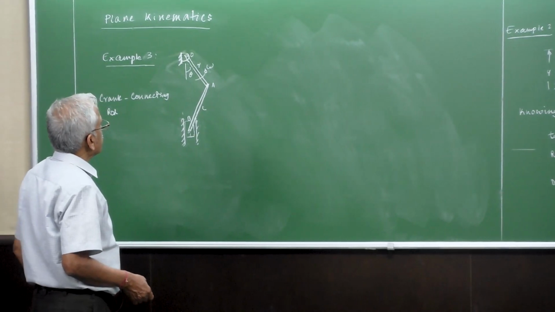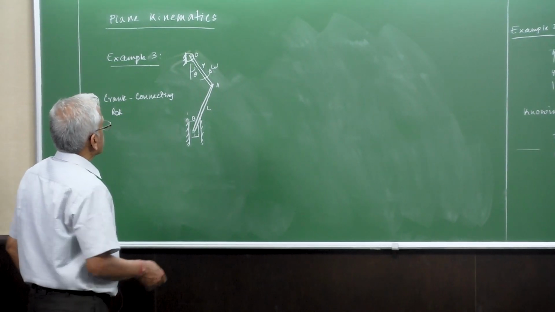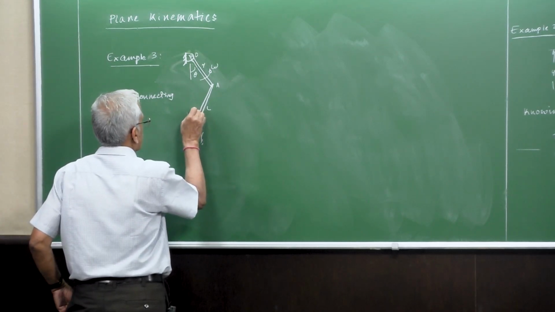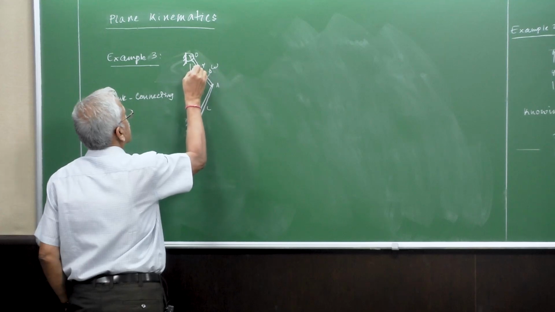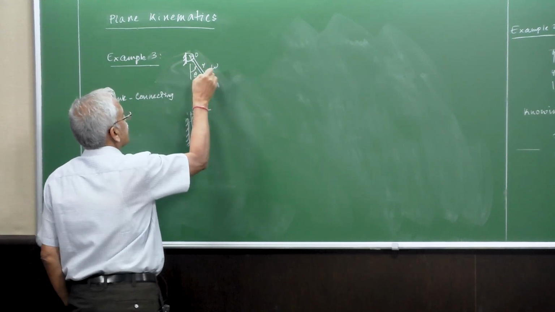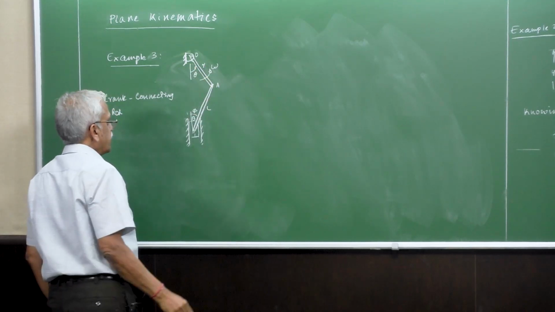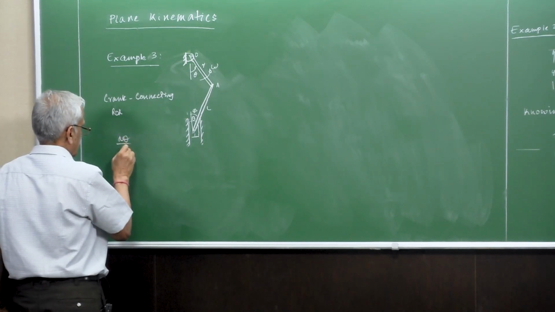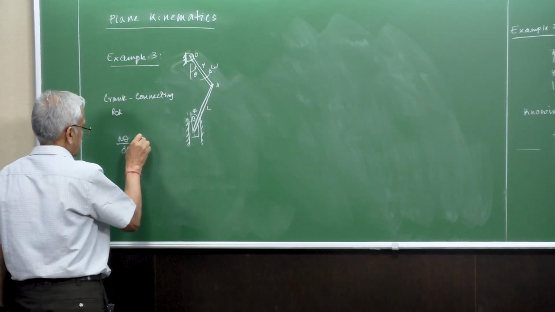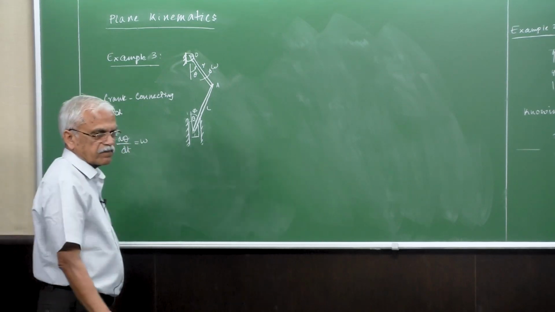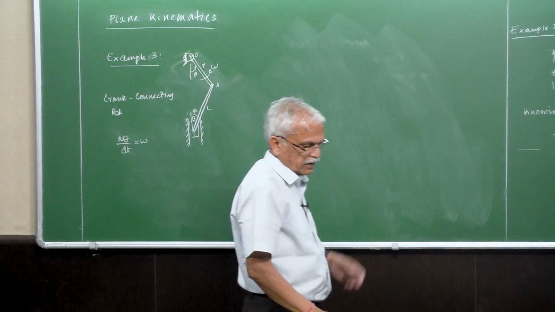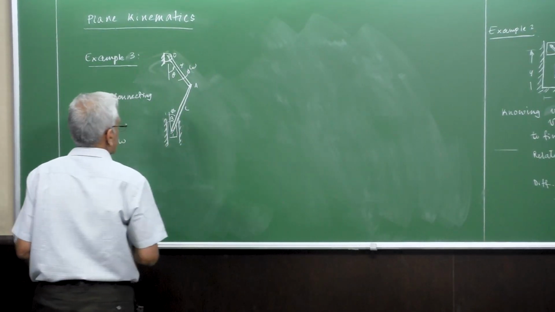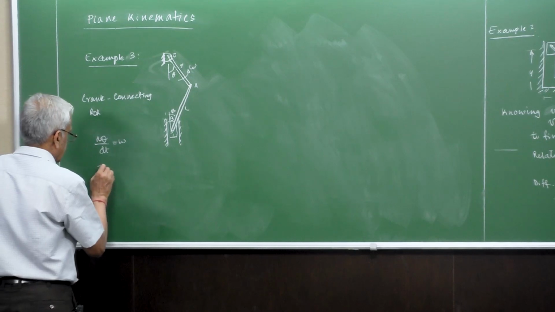So obviously if theta is changing maybe at a uniform rate, the angle here is changing at some angular velocity omega, and then we would like to find out the velocity of B.